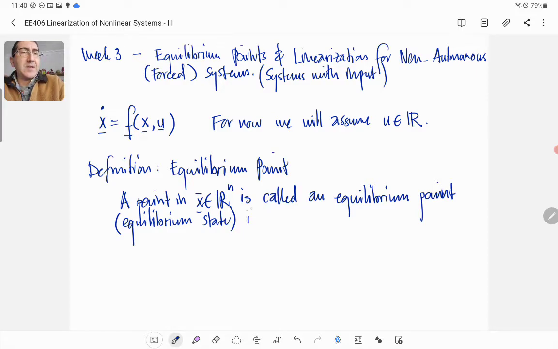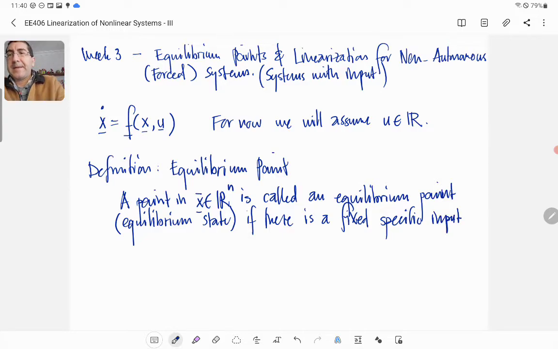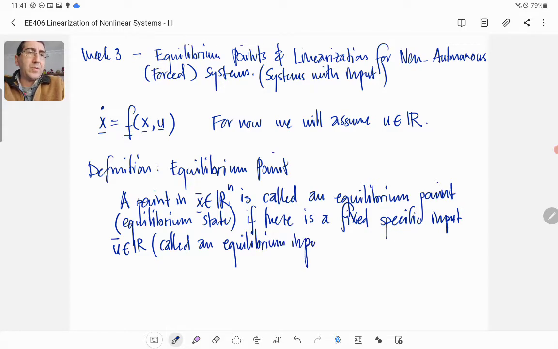If there is a fixed specific input, now u is an element of R, u bar again, which in this case is called an equilibrium input, such that this function f(x, u) at that point and at that input is identically equal to 0.